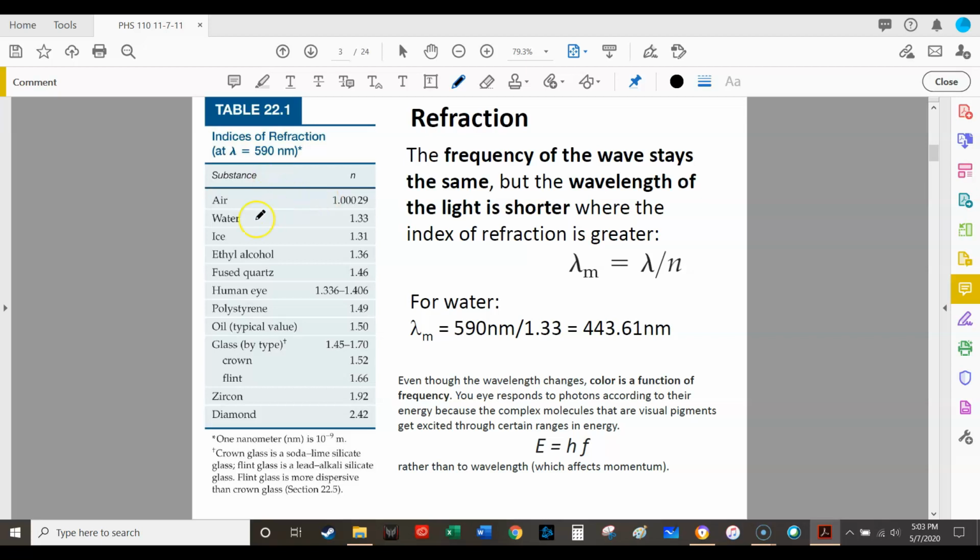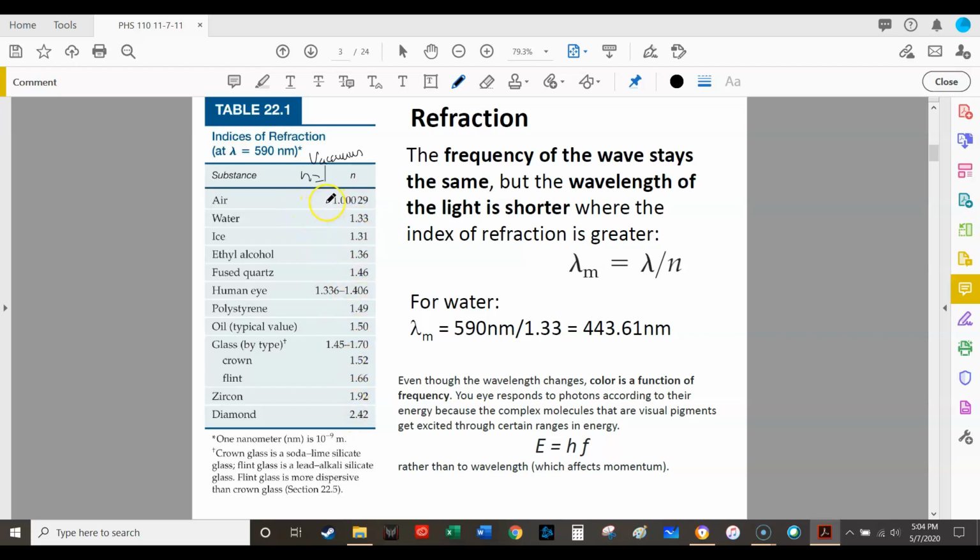So what you can see here is that air is almost close to a vacuum, right? A vacuum, again, the vacuum of space has an n equal to 1. And as you notice, it starts to get more dense, right? Diamond is a very dense optic. So as you increase in density, so does your index of refraction, right?